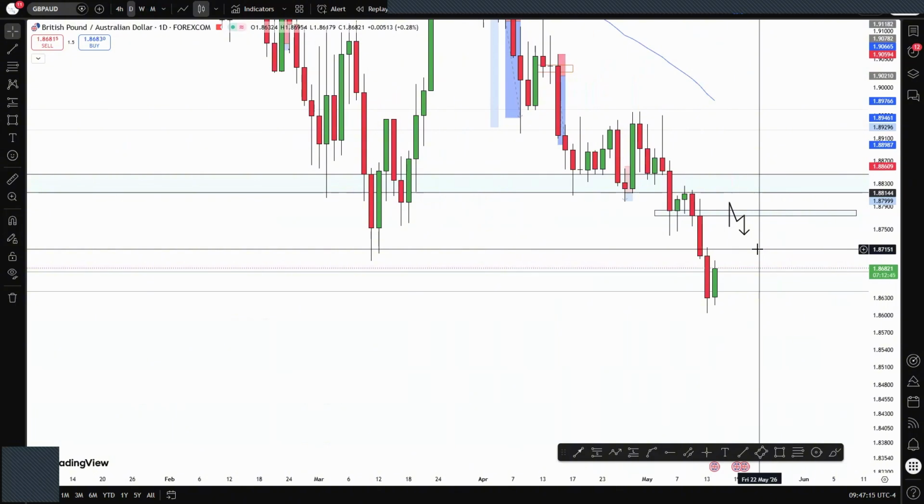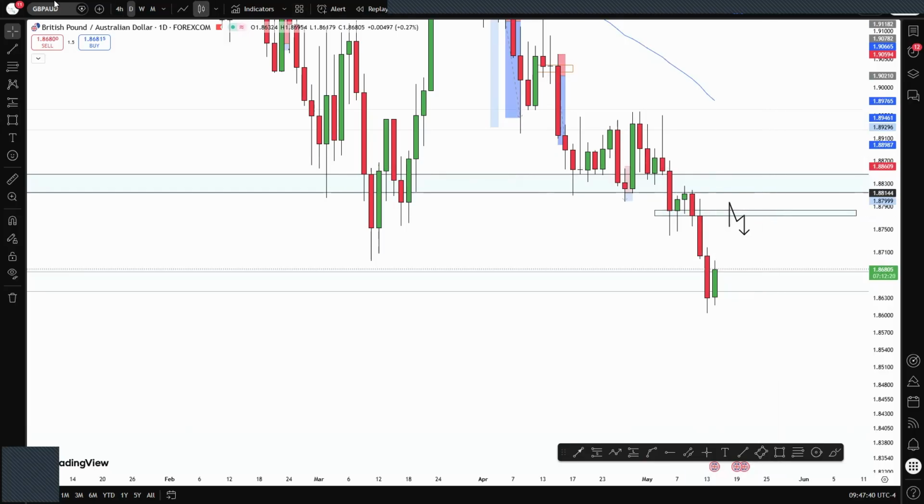And one thing I want to put out there is, sometimes you will see me have a clean setup, but if it's not clean enough, you won't see me take the trade. Example, let me just talk about this same pair.